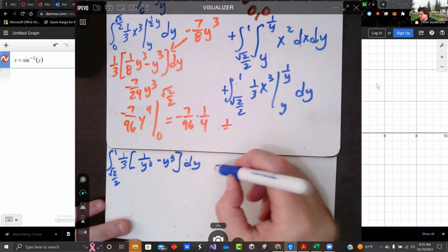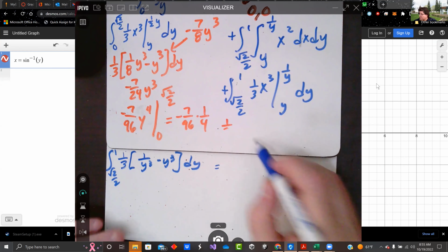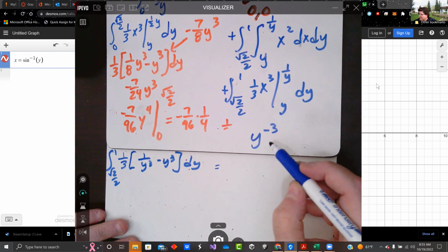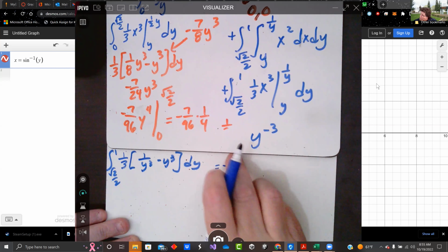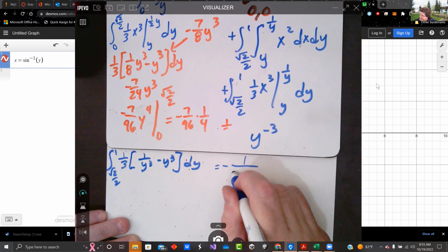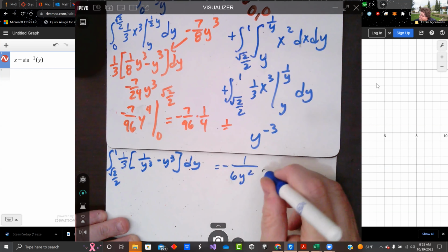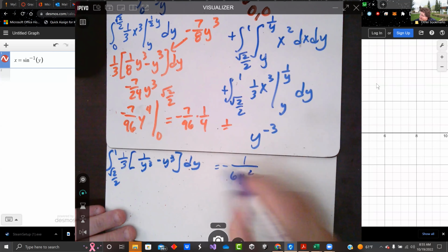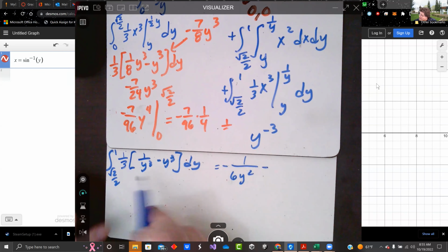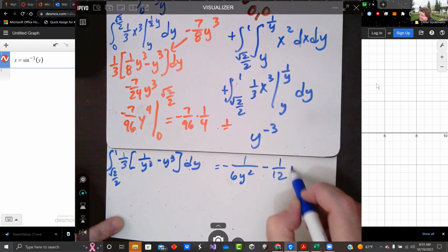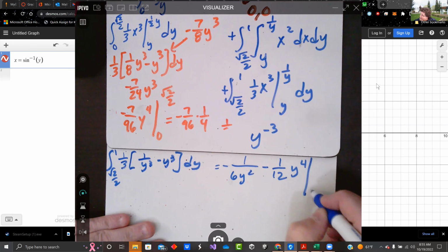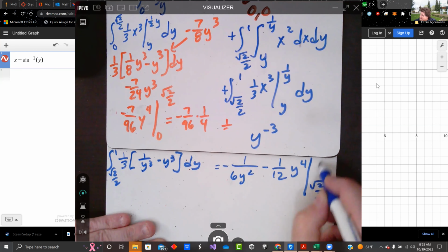So this is y to the -3. We go up a power, it would be y to the -2. We got -1 over 6y squared, minus 1/12 y to the 4th, evaluated from root 2 over 2 to 1.